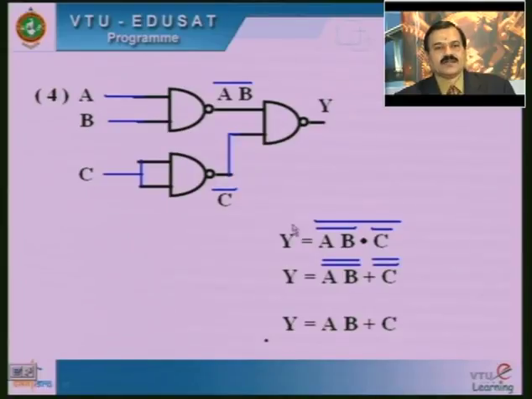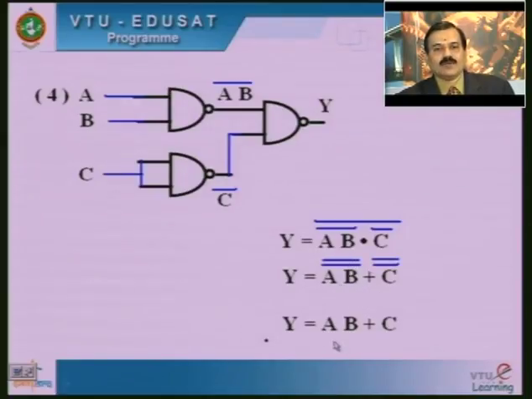Then the equation of Y becomes (A dot B)' dot C bar, complemented. So if you split this, by removing this dot and cancelling this complement, we can write it as A dot B double complement plus C double complement.